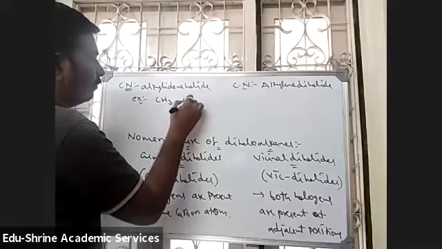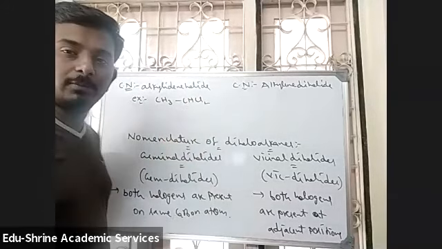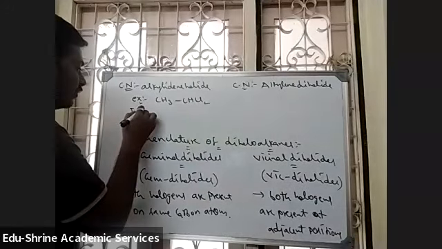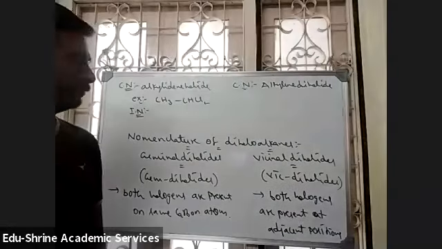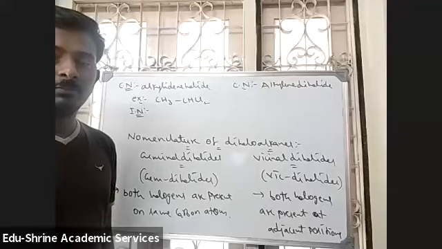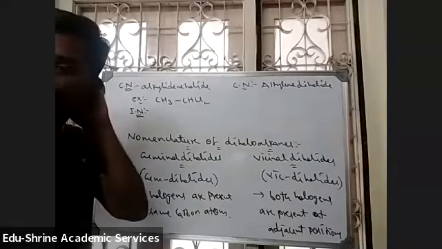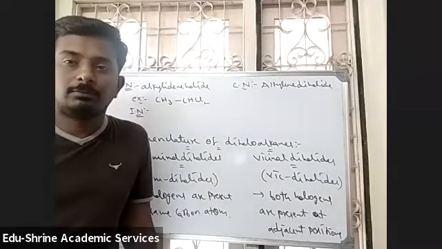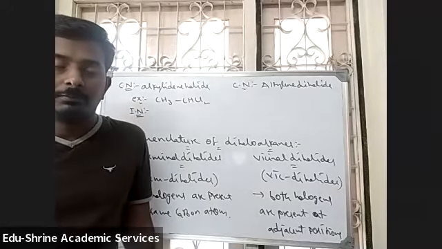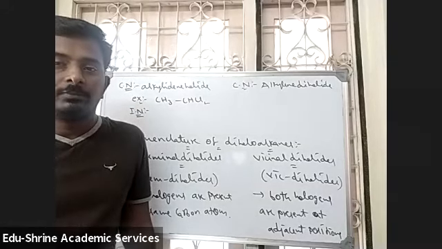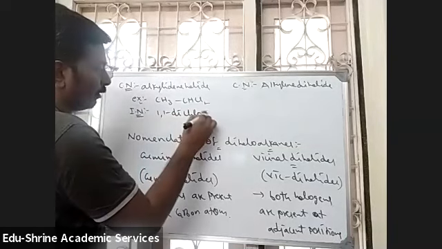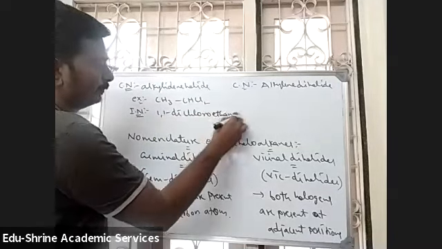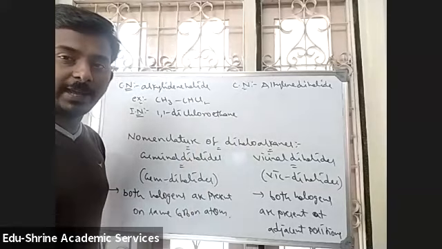For example, if I take the compound CH3CHCl2, first tell me what will be the IUPAC name of this compound, students. Yes, very good. So it is 1,1-dichloroethane.